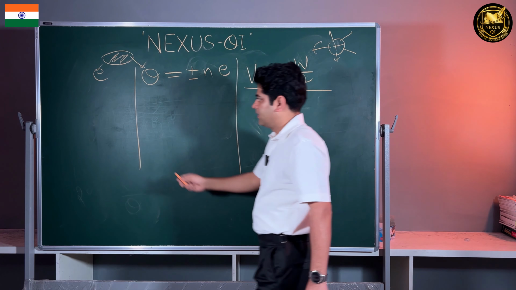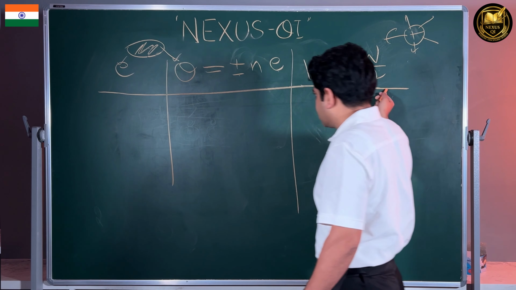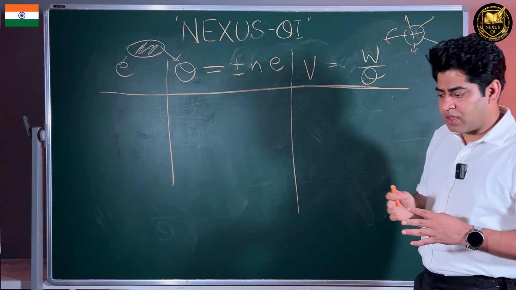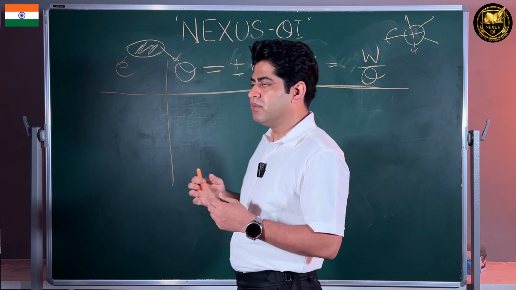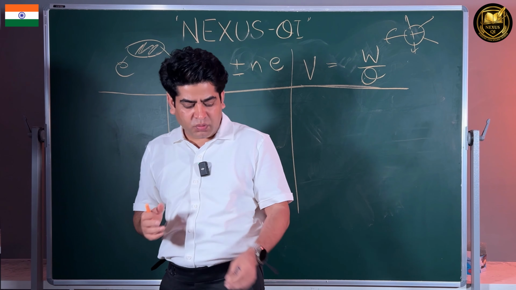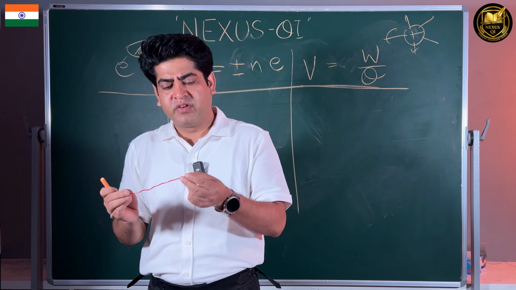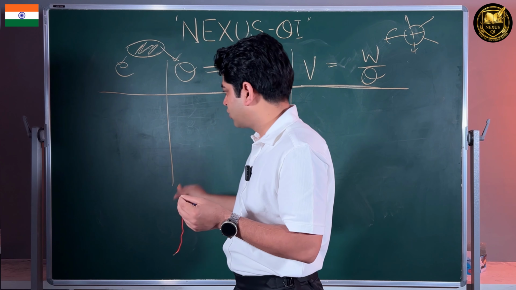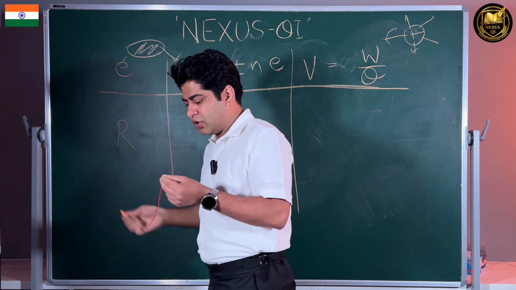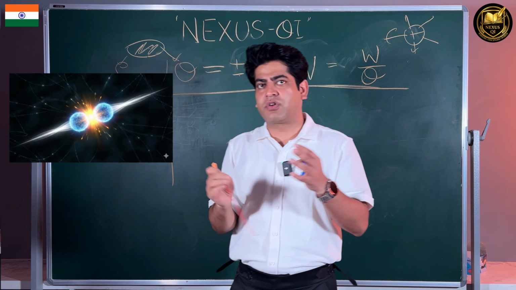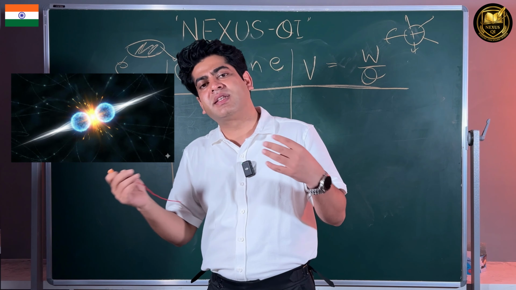Next concept, if we are moving something, there will be some collision. Electrons in the wire keep on colliding. So from there we get one concept, that is called resistance. Due to the heavy collision of the electrons among themselves, or there may be other reasons.